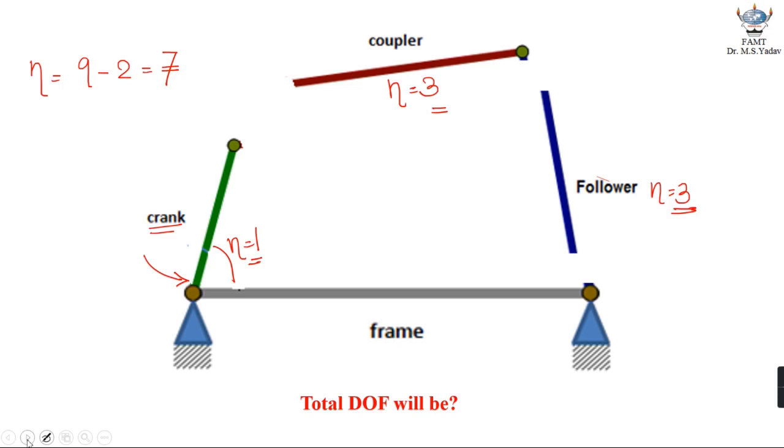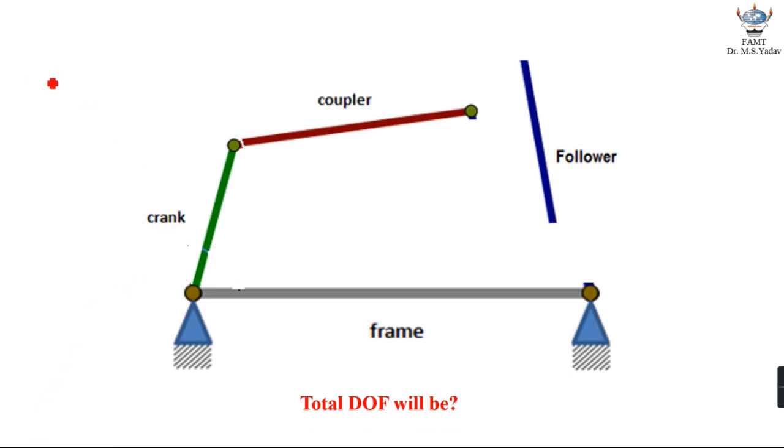Now similarly, let us move on and form a turning pair between crank and coupler. So now we were having 7 degrees of freedom, and now this crank and coupler have formed a turning pair at this particular point. Once again you will notice that at every turning pair formed, 2 degrees of freedom will be lost, right?